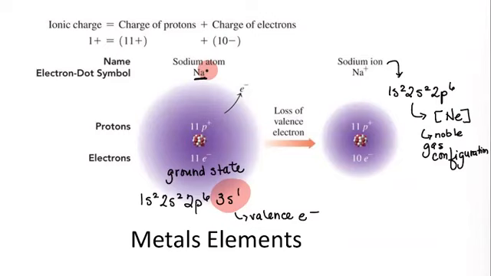We learned last week that the noble gases are those elements in the periodic table that have full valence shells, so their outermost shells are full. That gives them a specific stability. They are, for the most part, unreactive.